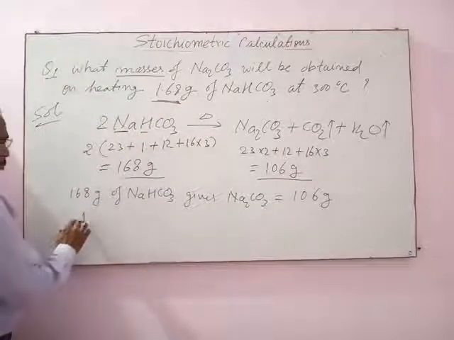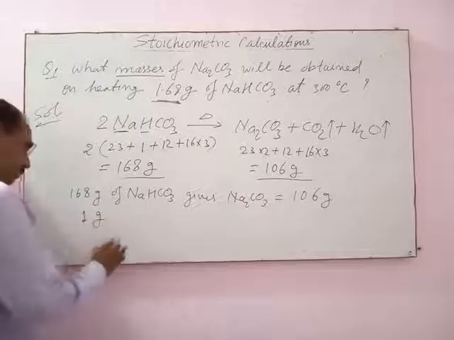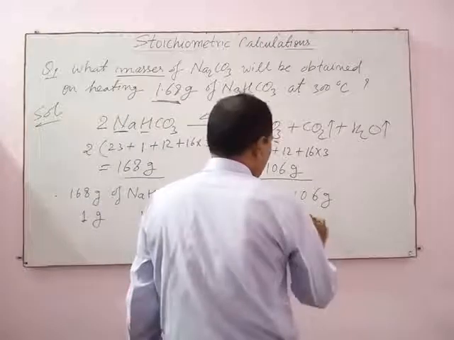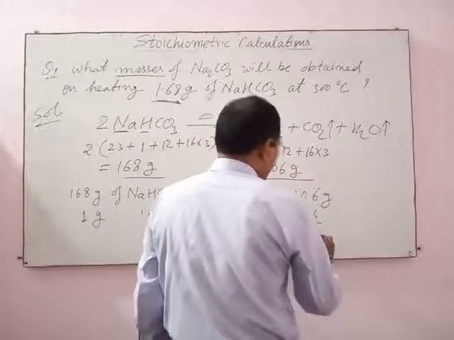Therefore, 1 gram of sodium bicarbonate gives Na2CO3 106 by 168 grams.